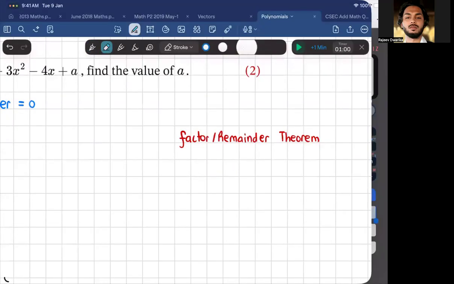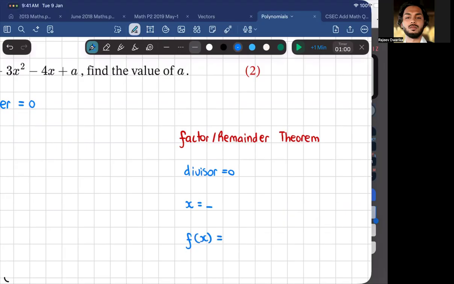Okay, Avinash, essentially what you're doing is you are taking the divisor, you're putting it equal to 0, and you find what x is equal to. Once you find what x is equal to, you're going to plug that into f of x.